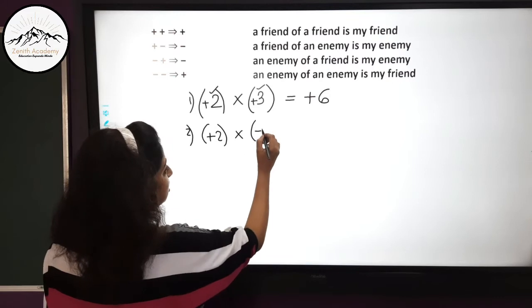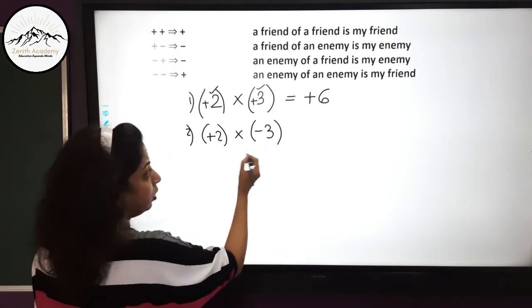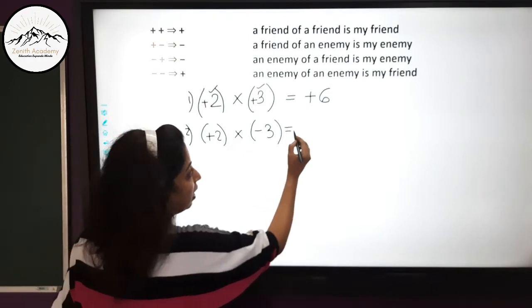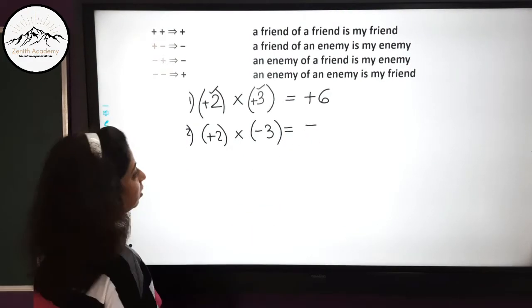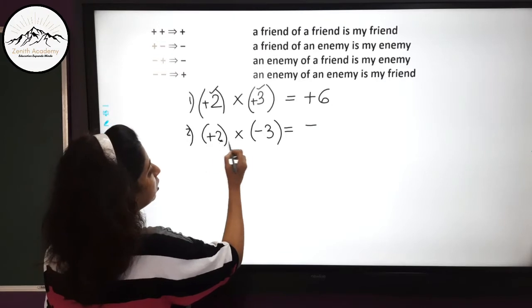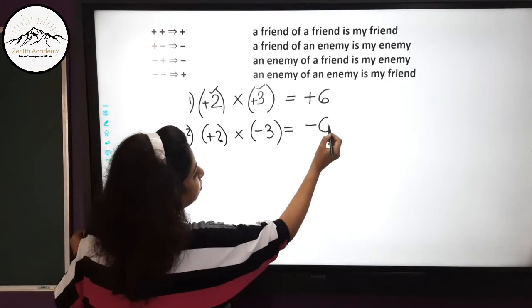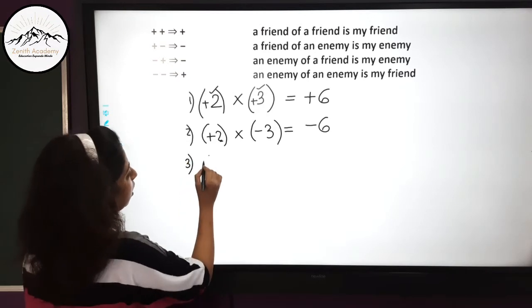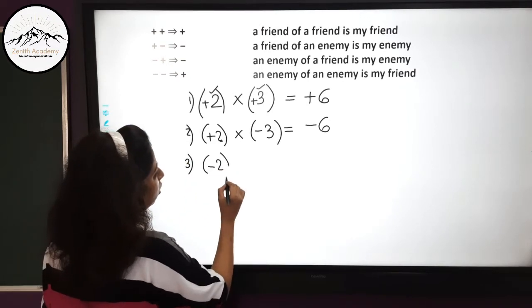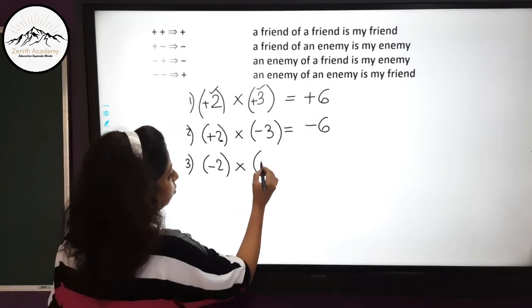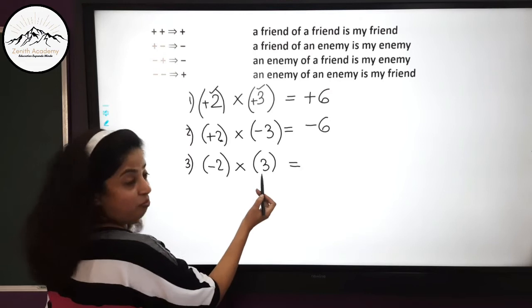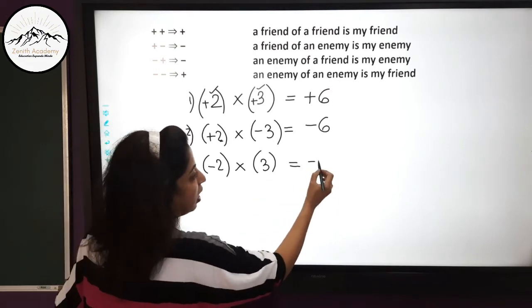whereas this is negative. So plus 2 into minus 3: friend of my enemy is my enemy. So minus. Now just take the numbers 2 and 3 and multiply. So this is minus 6. Right? Now let's take minus 2 into 3. Enemy of my friend is my enemy.